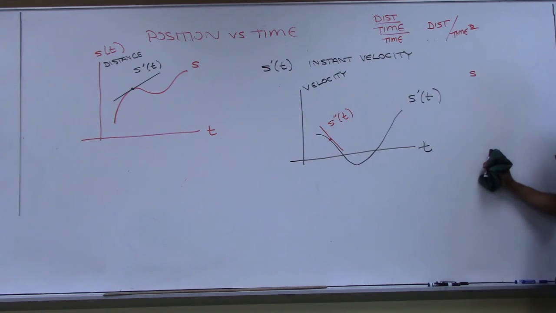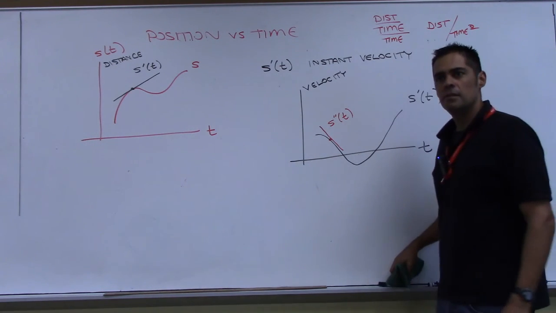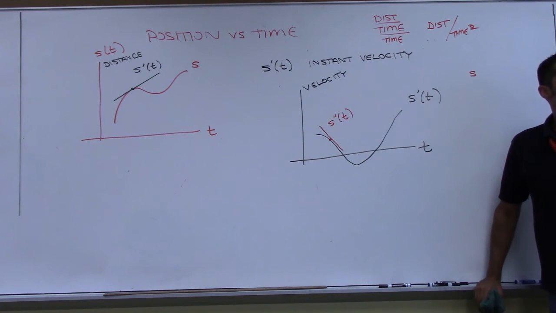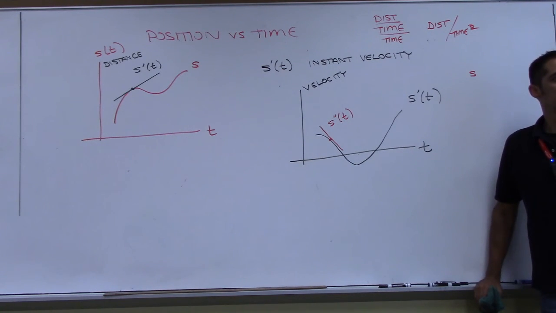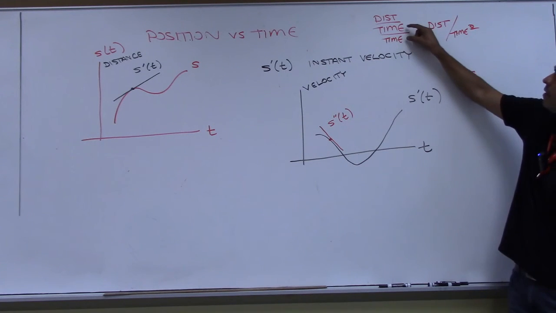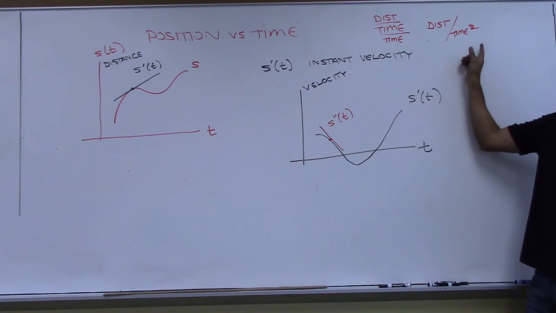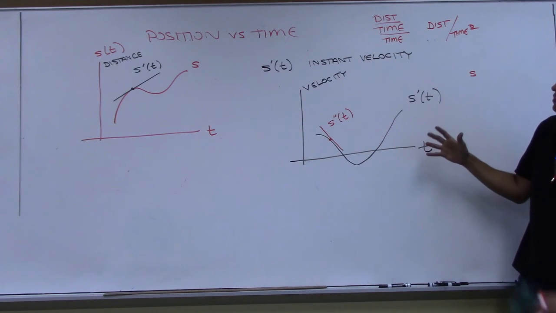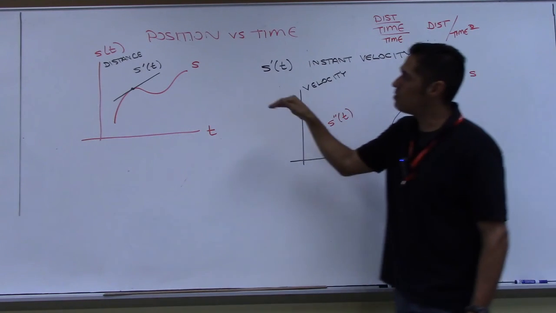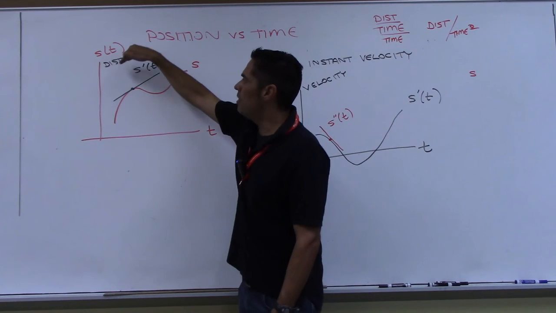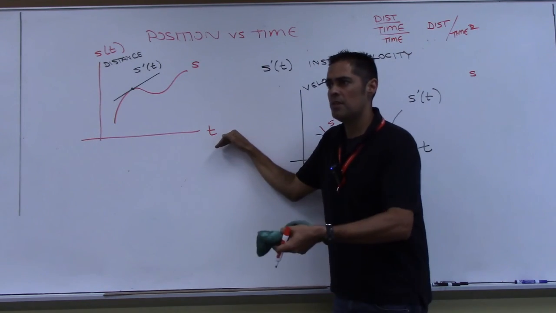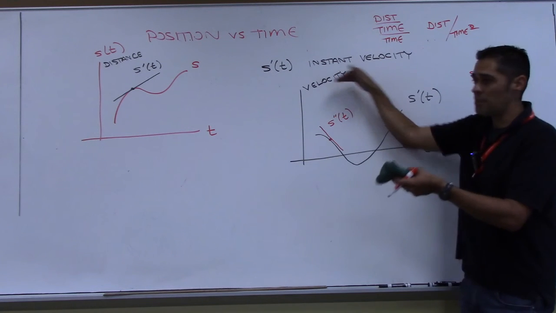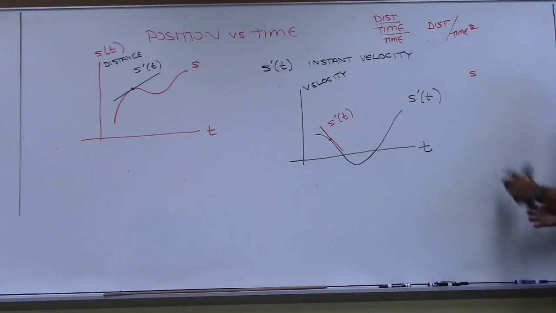You've heard, what is the acceleration of gravity? 9.8 meters per second squared. That's exactly what that is right there. So we can see that we get acceleration by realizing that the derivative always gives you this unit over this unit, which means that's velocity. And then in this new graph, it's velocity over time, so its derivative would be acceleration.